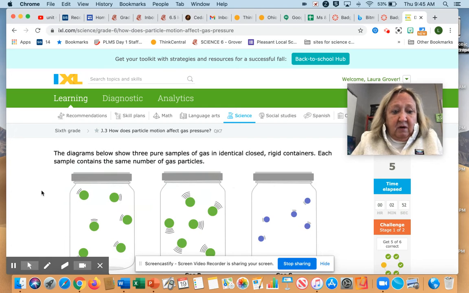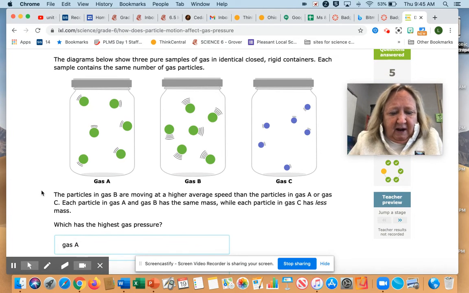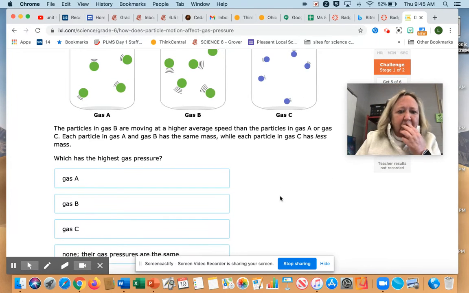All right. Ooh, now we have three samples. Okay, same number of gas particles. All right, B is moving at the highest speed. You can see the speed marks. Okay. And A and B are the same mass. C has less mass. So what would have the highest pressure? Okay.